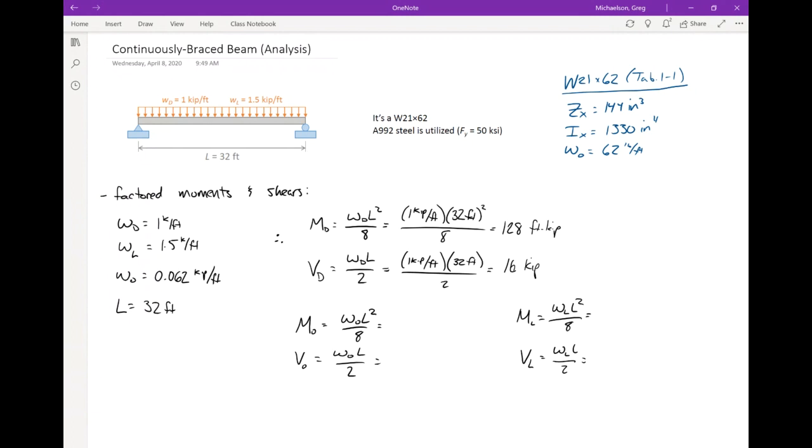So instead of 1 for the dead load, use 1.5 for the live load and 0.062 for the self weight. I'm just going to write these values out. For the self weight, this is 7.936, and this is 0.992. This is 192. This is 24. That's 16.